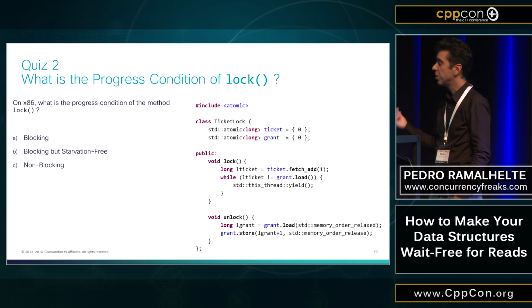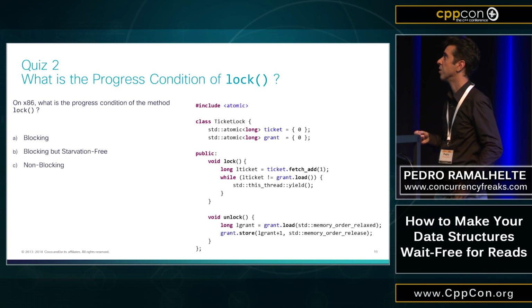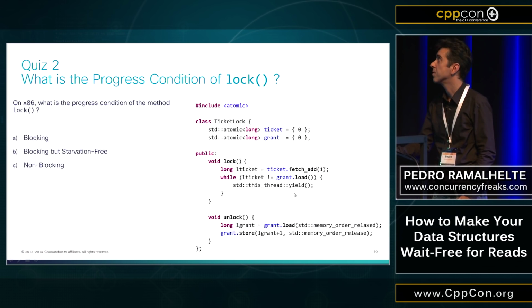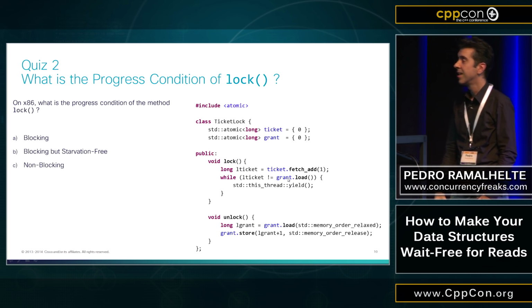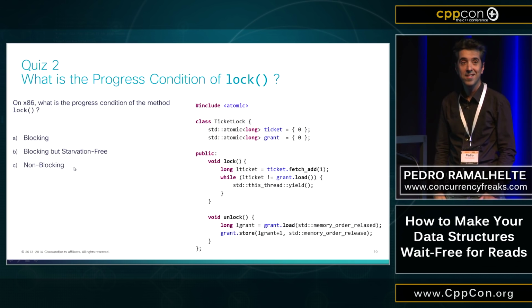And the lock will be yours once the grant becomes equal to the ticket. So it's two counters that are monotonically increasing. And then, if it's not your time to take the lock, then you wait, you yield for a little bit until it is. Anybody want to guess whether it's blocking, starvation-free, or non-blocking?